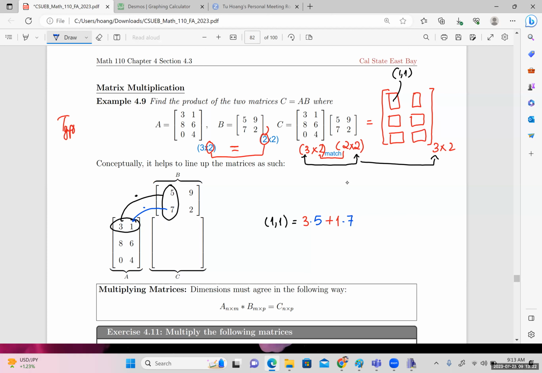So we do that for finding entry 1 by 1 of the product matrix. 3 times 5 is 15, adding 7 gives us 22.